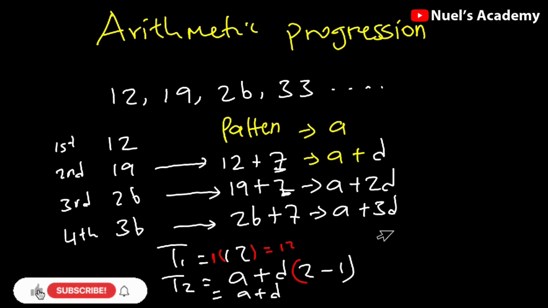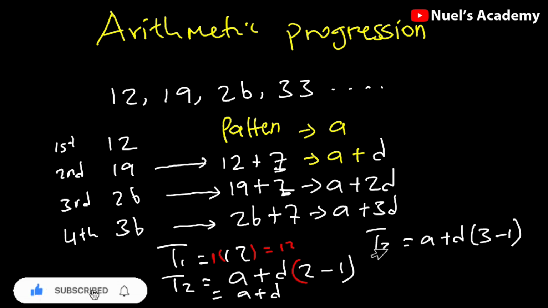Now, how about the third term of an AP? It is equal to A plus D multiplied by, just as we accounted for this 2 by writing 2 minus 1, we also account for this 3 by writing 3 minus 1, subtracting 1 from 3.